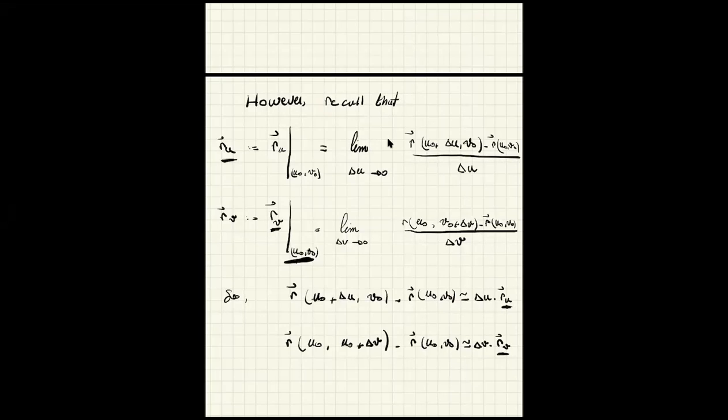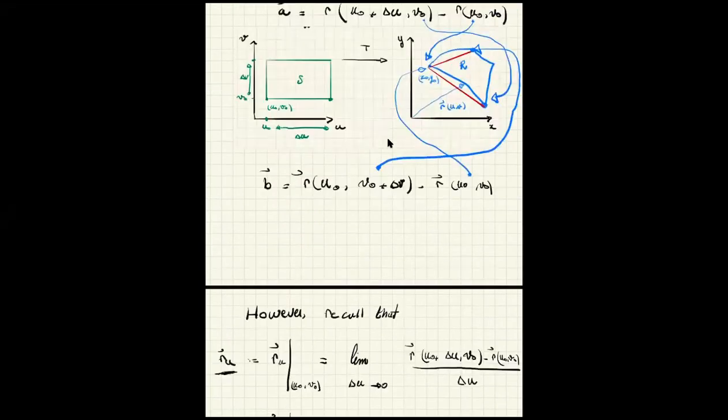It doesn't make sense to write r_u as a function of u, but this is going to be really messy if we keep doing it everywhere. That's why if you read the book, you can be confused. I want to make sure that you understand that everything is evaluated at the point u0, v0. So we are really looking at what happens here.